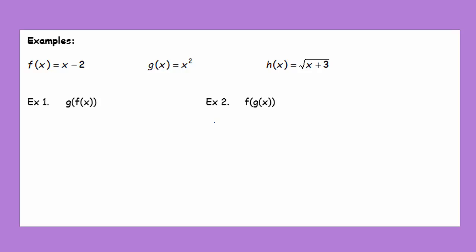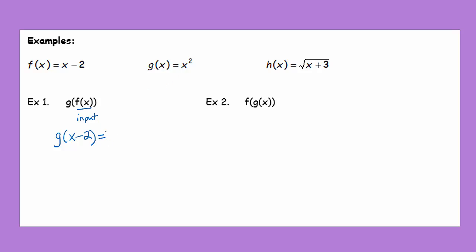So we're going to start off with some examples. I've given us 3 functions to work with, and we're going to compose 2 of them for example 1. This is saying that f of x is the input for g of x. So f of x is this stuff up here, the x minus 2. So this is really saying to input x minus 2 wherever we see x in the g of x function.